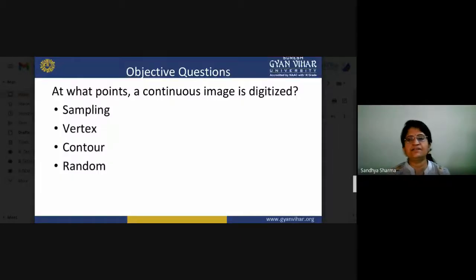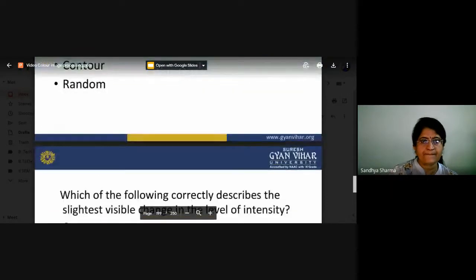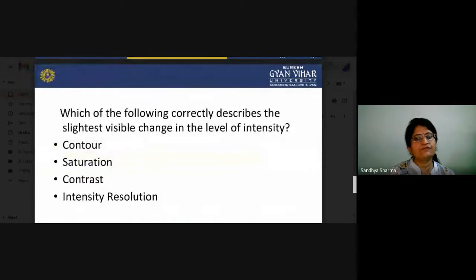Now we will move a little to some objective questions. At what points is a continuous image digitized? Next, which of the following correctly describes the slightest visible change in the level of intensity?